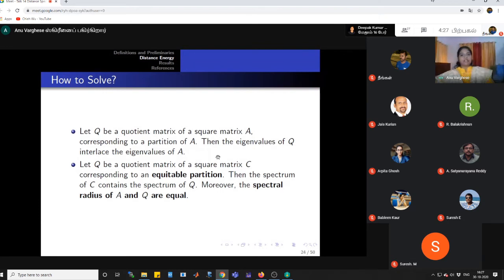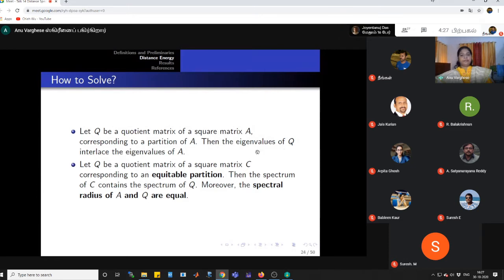Now, what is the advantage of having an equitable partition or a quotient matrix? Let Q be a quotient matrix of a square matrix A corresponding to a partition of A. Then the eigenvalues of Q interlace the eigenvalues of A. That is the result.